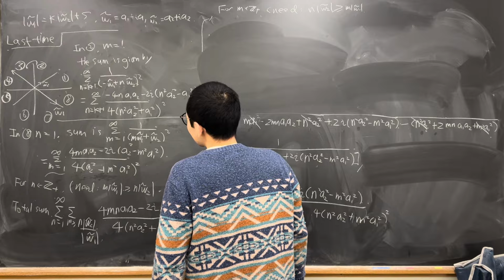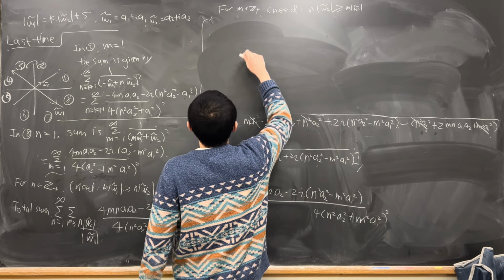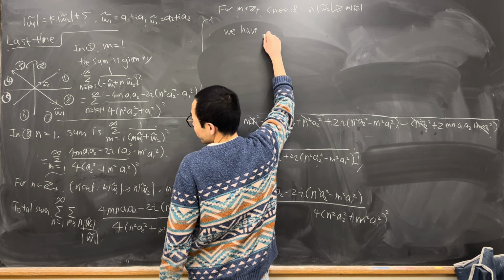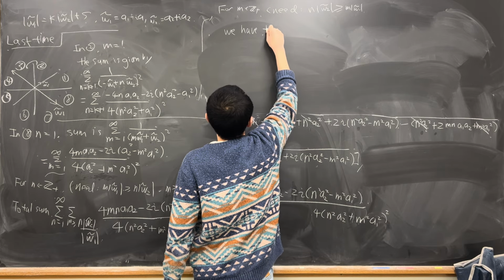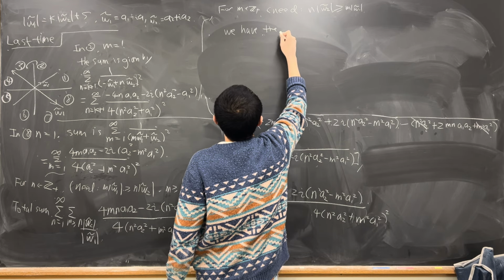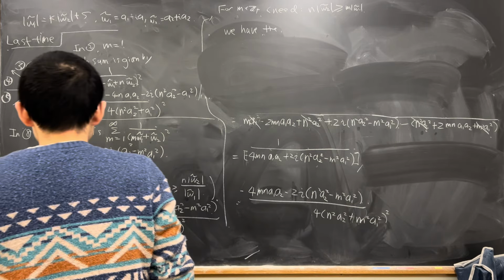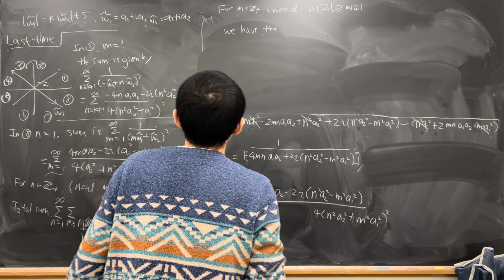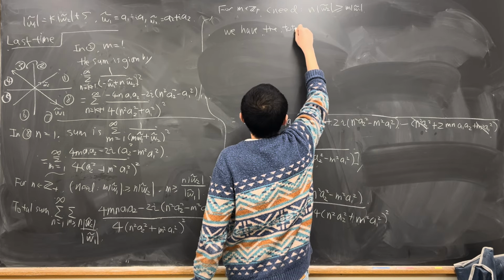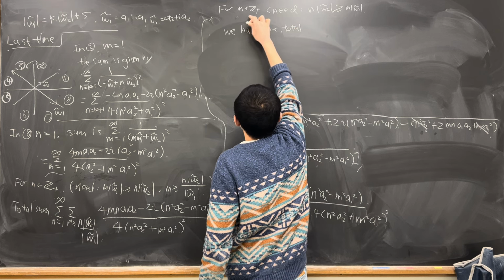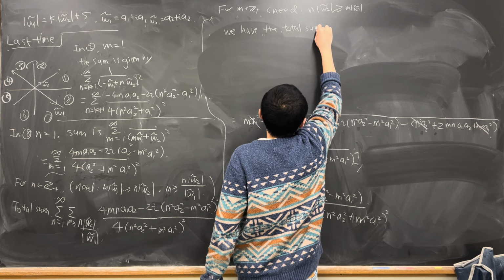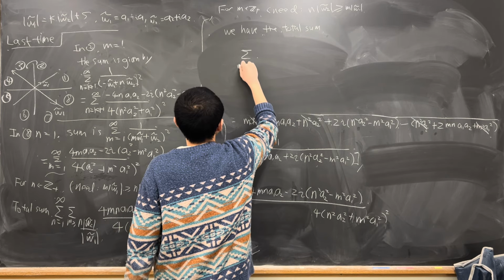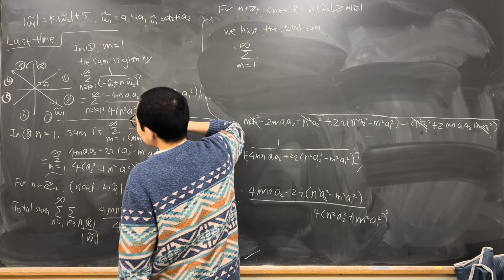So namely, we have the total sum. By the way, it is for any m, so we are summing over this m, from 1 to infinity.